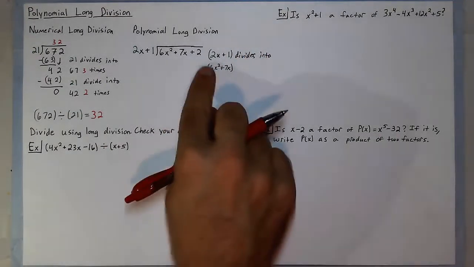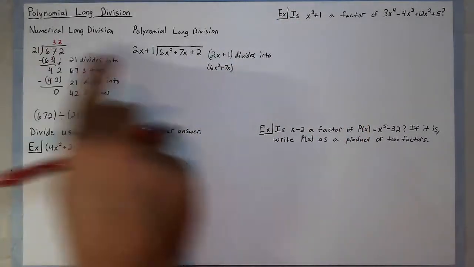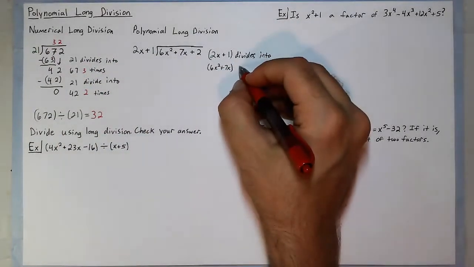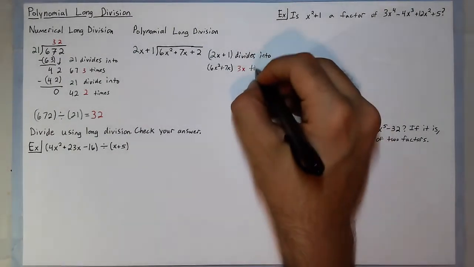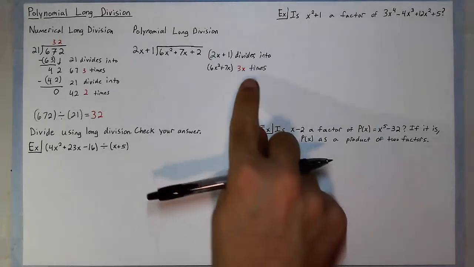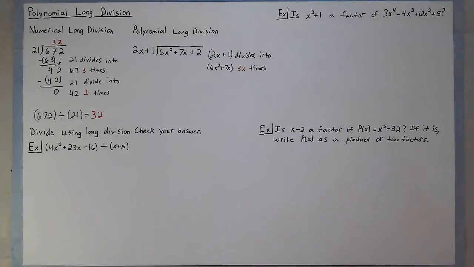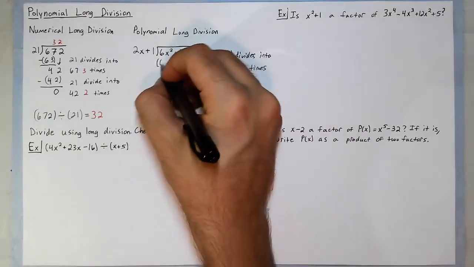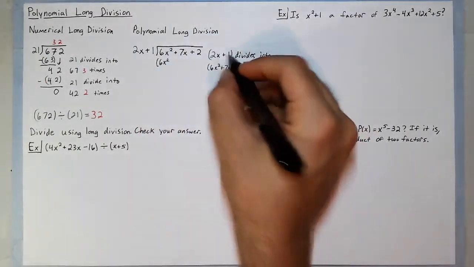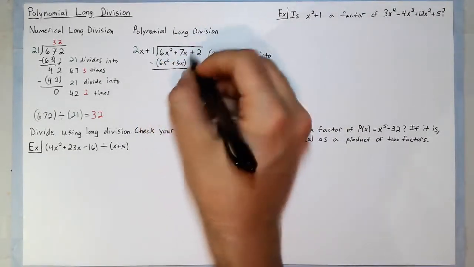Before you would say 3, but this time, since it's in that tens place where that 3 was, the tens place here is x, so I'll say it divides into it 3x times. So then I would do, okay, what's 3x times 2x plus 1? That would be 3x times 2x is 6x squared. 3x times 1 is 3x. And then I'll subtract that out of the expression.